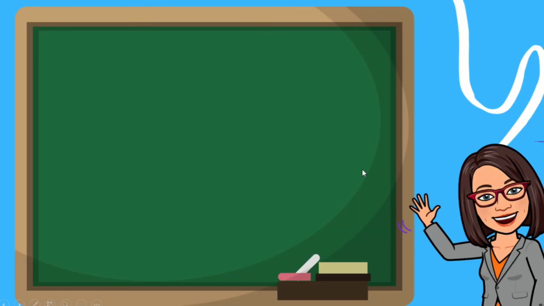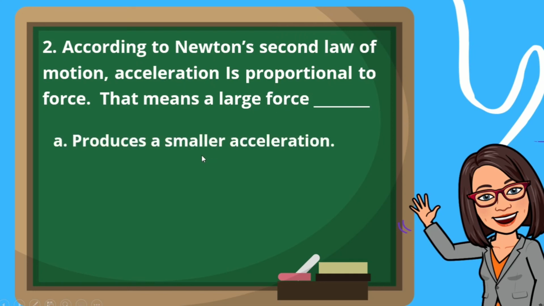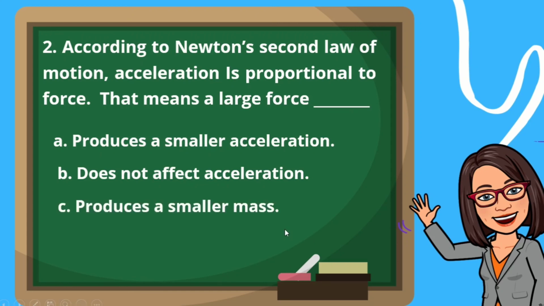Next question. According to Newton's second law of motion, acceleration is proportional to force. That means a larger force, A, produces a smaller acceleration, B, does not affect acceleration, C, produces a smaller mass, letter D, produces a larger acceleration.